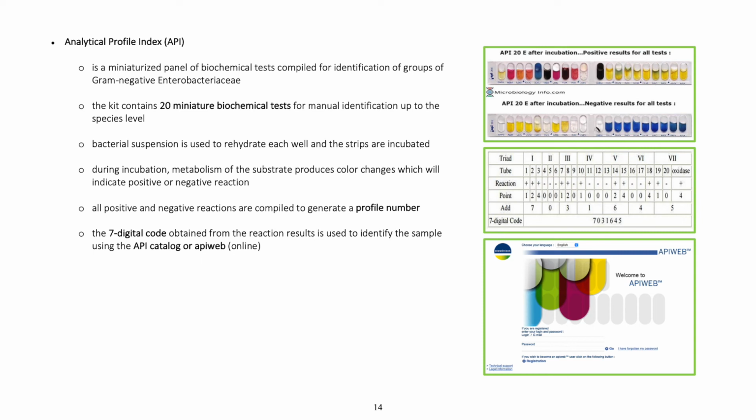During incubation, metabolism of the substrate produces color changes, which indicate a positive or negative reaction. All positive and negative reactions are compiled to generate a profile number. The 7-digit code obtained from the reaction results is used to identify the sample using the API catalog or API web online.